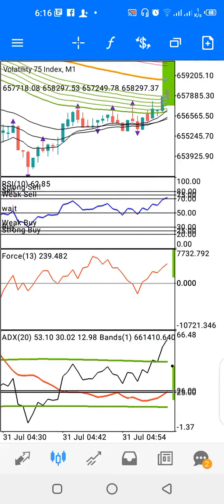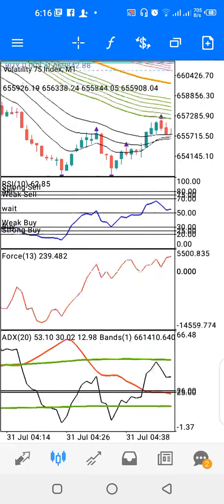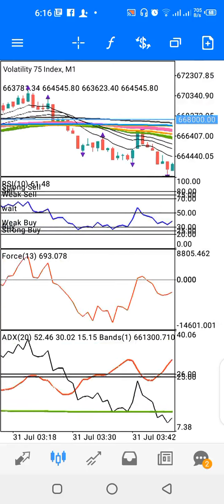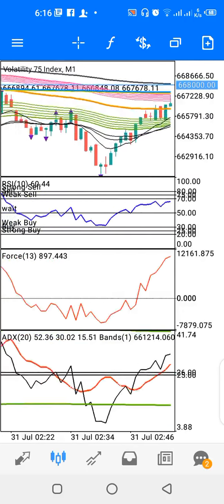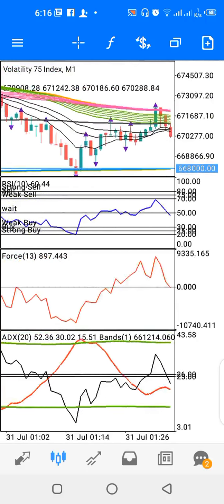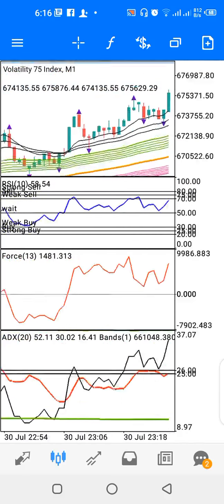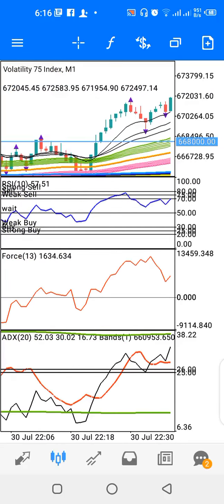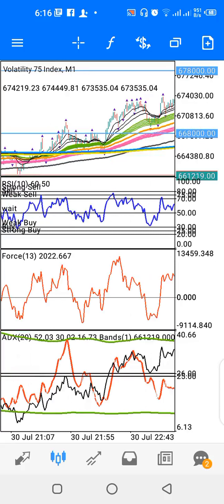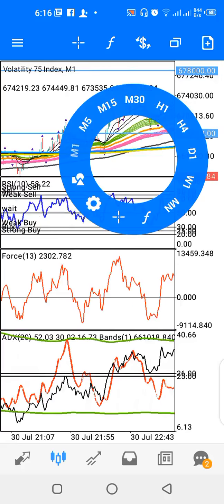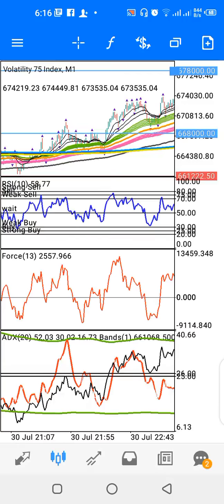The way the strategy works is on the main chart, I have many moving averages, and when price is above all the moving averages, like we have around here, that's when I aim to buy.